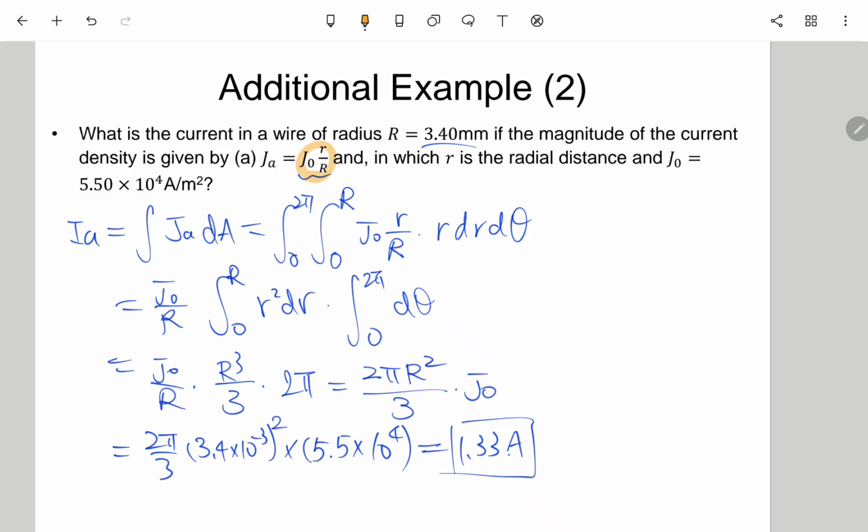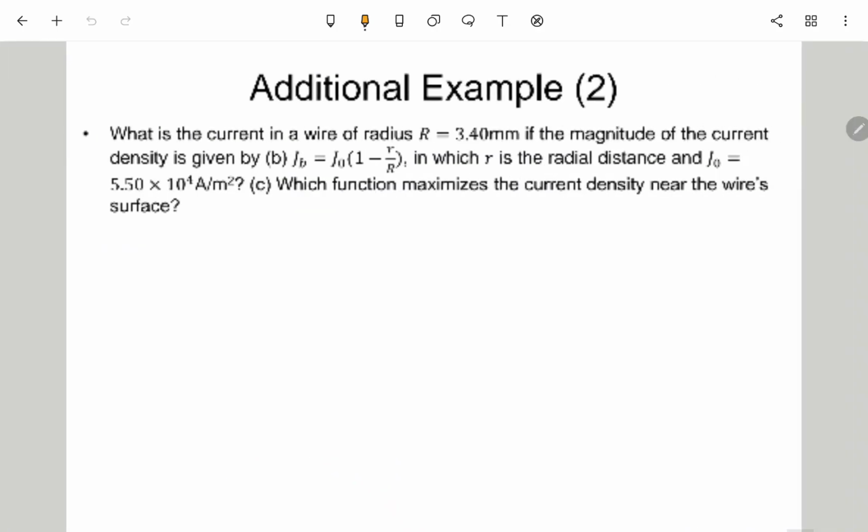Okay, so this is just the first question, and then for the second one, the only difference is that here JB is something like this. All the other things are the same, so it first asks you what is the current for this situation. So IB will be the integration of JB dA.